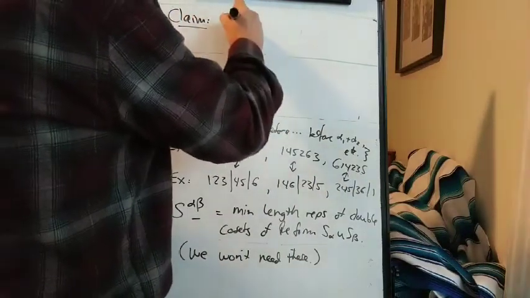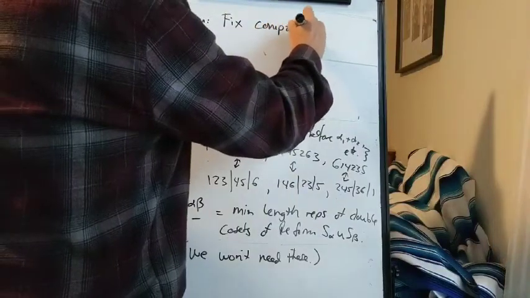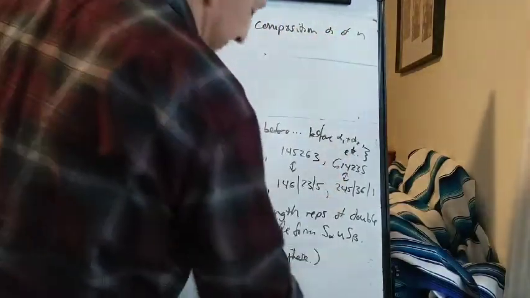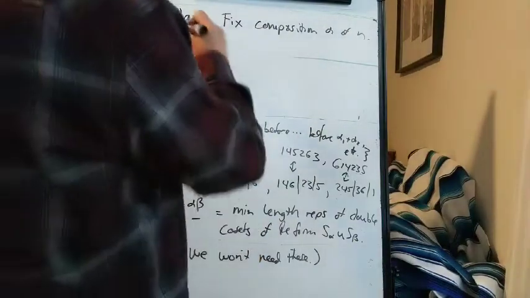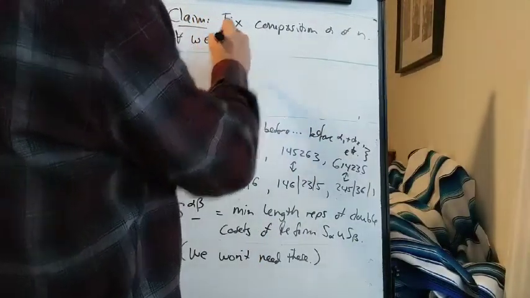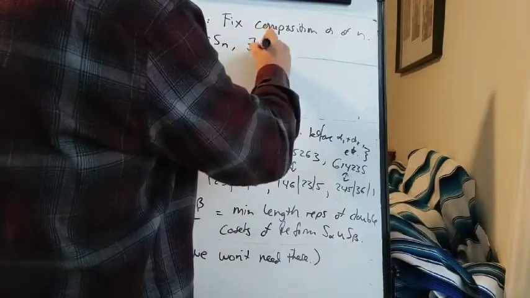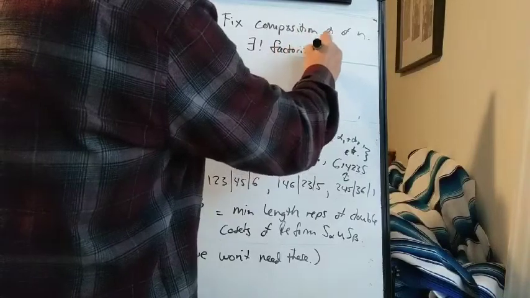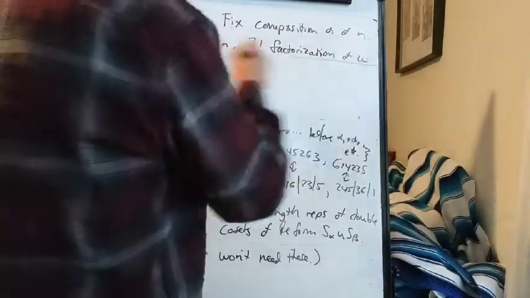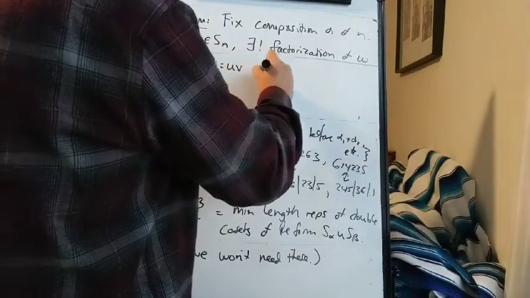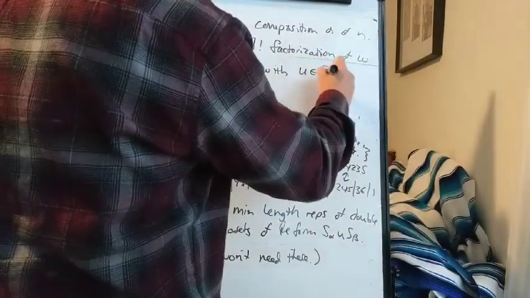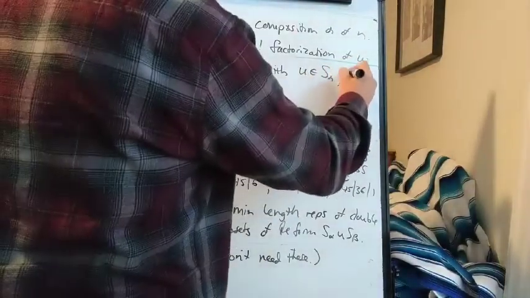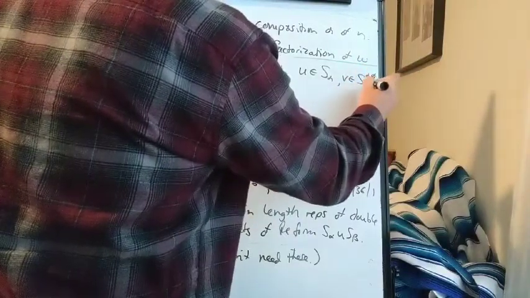All right, now I claim that if we fix a composition alpha of n, then for all permutations W in the symmetric group, there is a unique factorization of W as W equals UV, with U in the parabolic subgroup S alpha and V in S^{α,∅}_-.